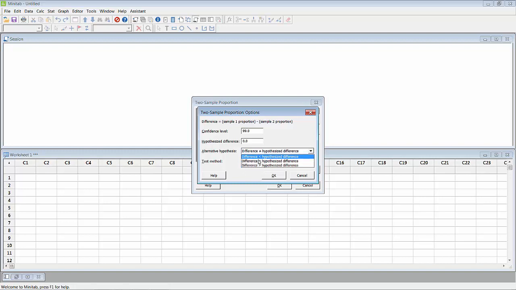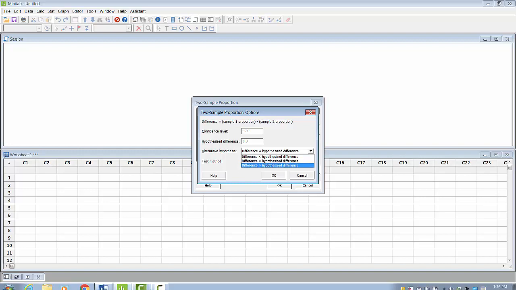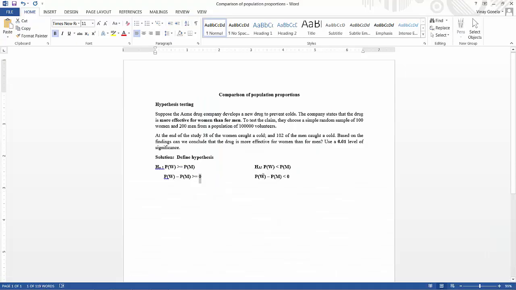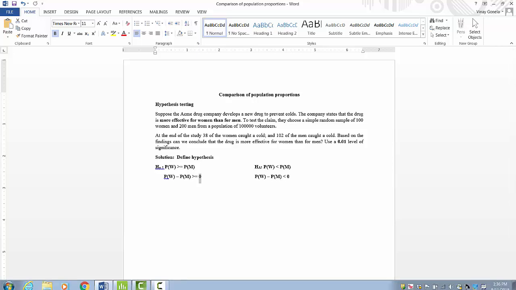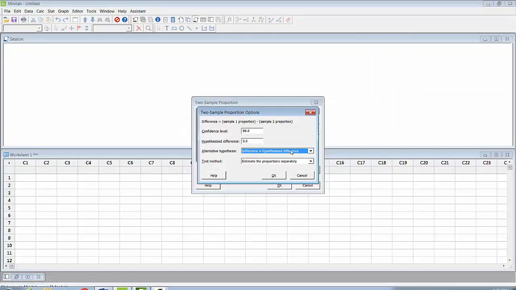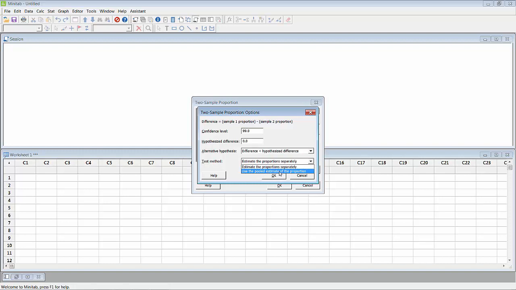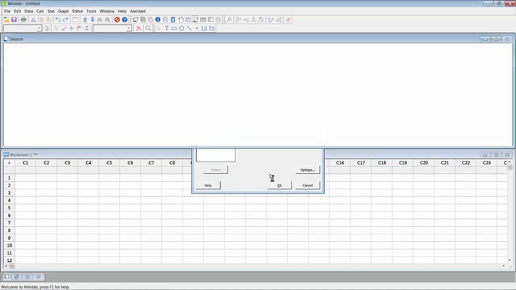Less than and greater than are one tail, and not equal to is a two tail. Our alternative hypothesis is the proportion of women minus the proportion of men is less than the hypothesized difference, so we select difference less than hypothesized difference. For the test method, we will use the pooled estimate of the proportion. Then I click OK and OK.